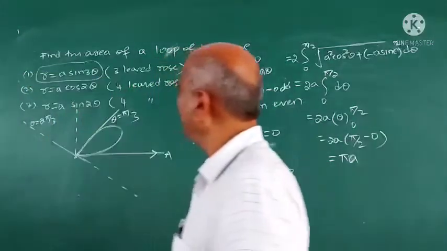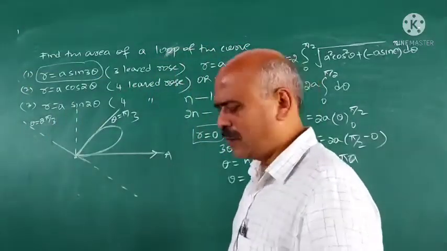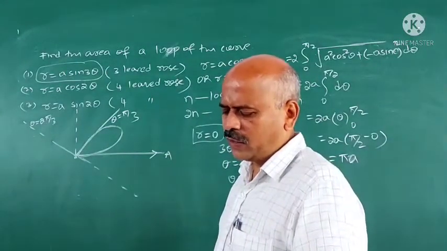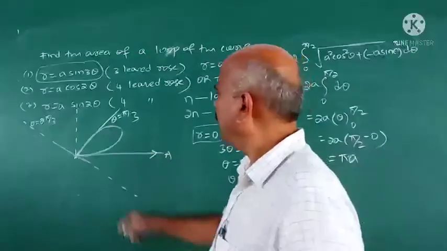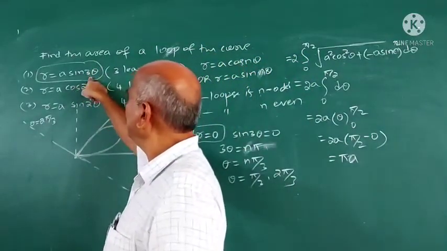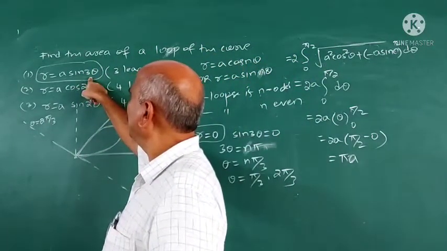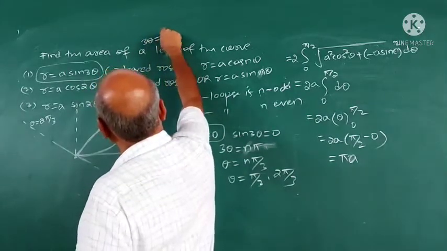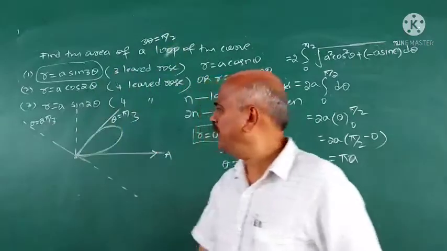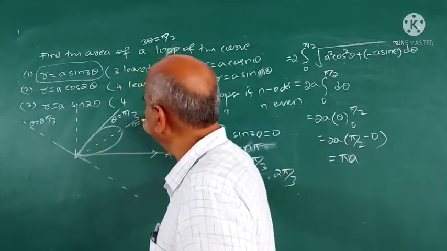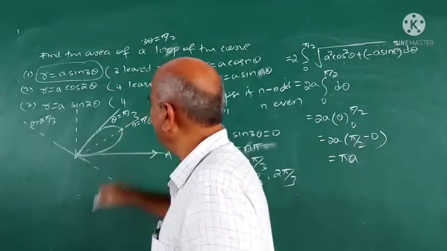And what is the maximum value? The maximum value will be when sin 3 theta is 1, which means 3 theta is pi by 2, that is, when theta is pi by 6. On the line theta is equal to pi by 6, r will be maximum.